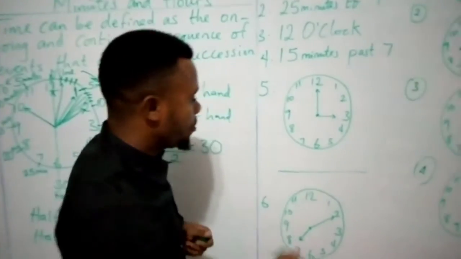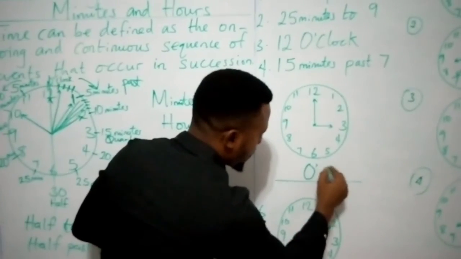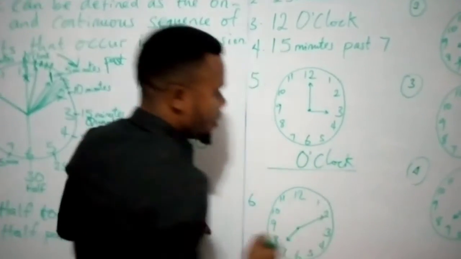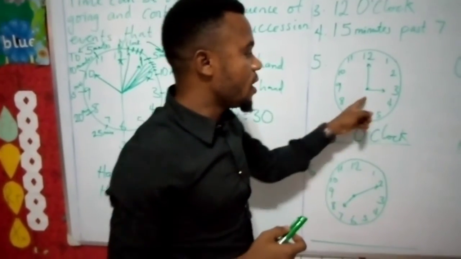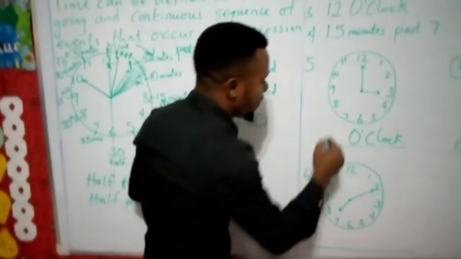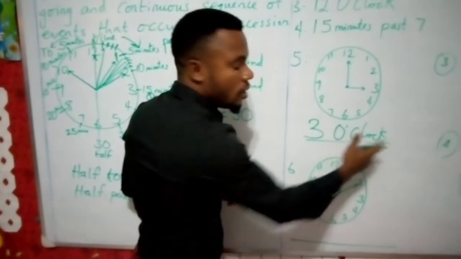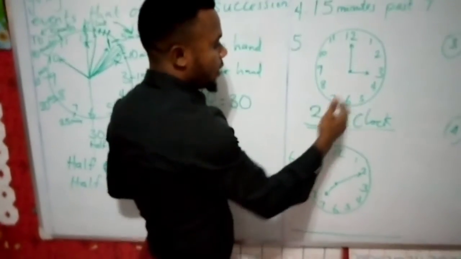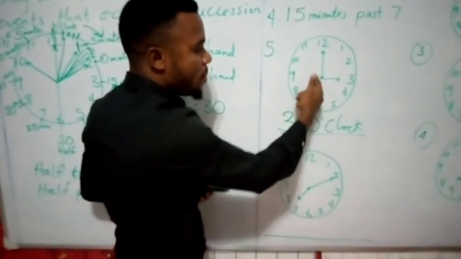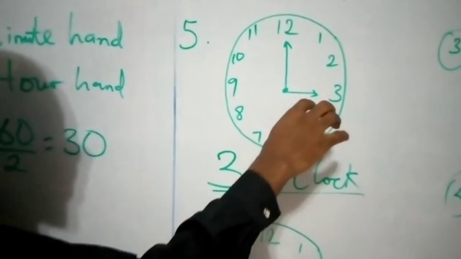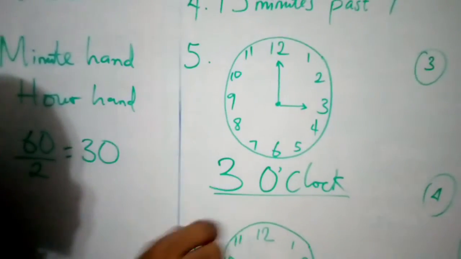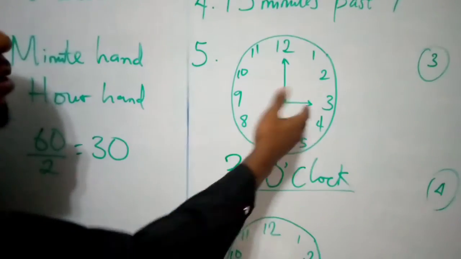Now where is the hour end pointing at? It's pointing at 3. So you write it 3 o'clock. Remember, minute end pointing at 12 is o'clock, and you get the other end, which is your hour end, where it's pointing at, which is 3 o'clock.